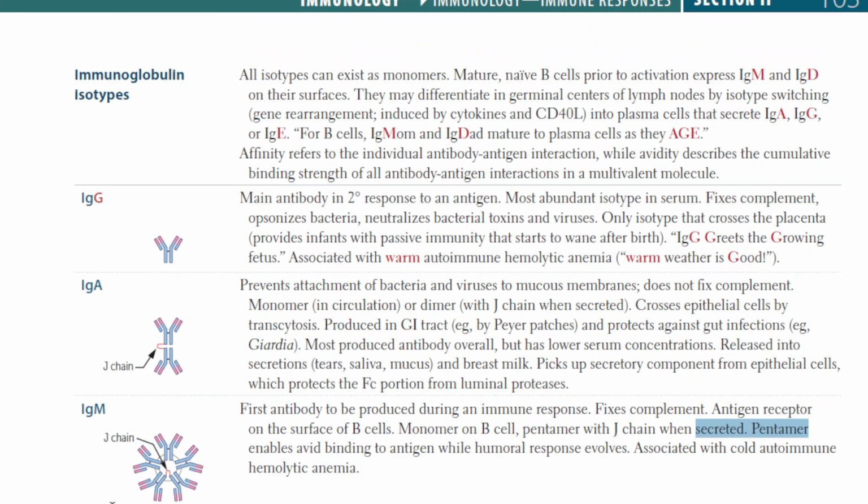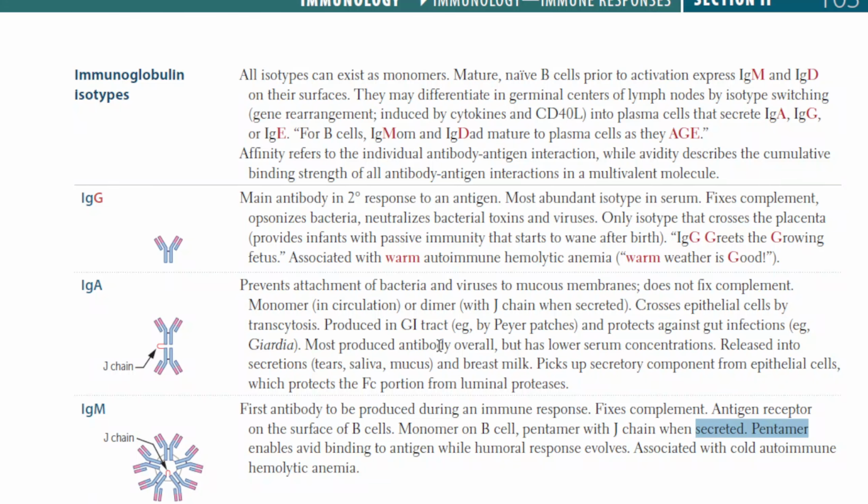This is immunoglobulin M. Remember, immunoglobulin A is more in mucosa, is produced in the GI tract, in the Peyer's patches, and protects against gut infection like Giardia.